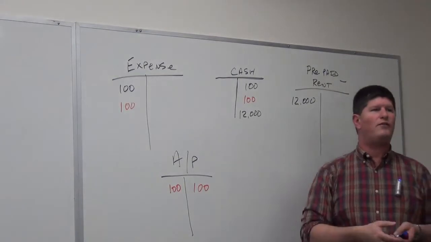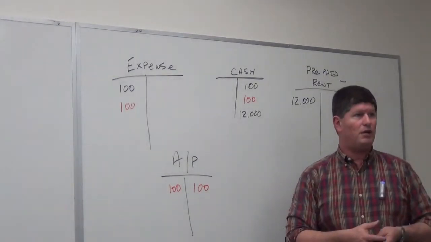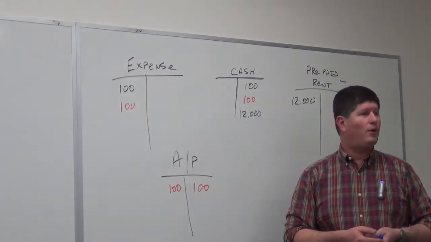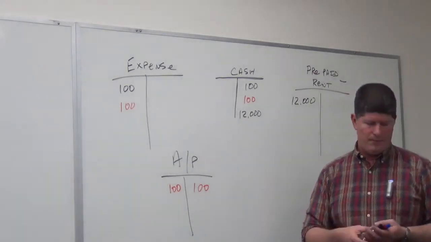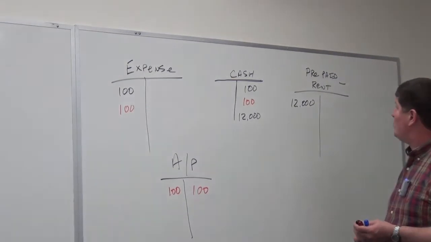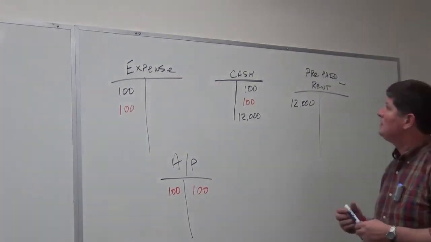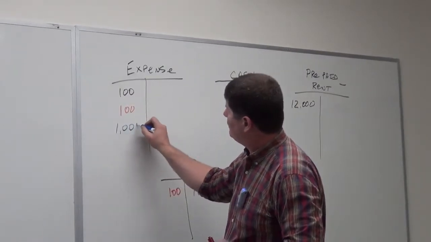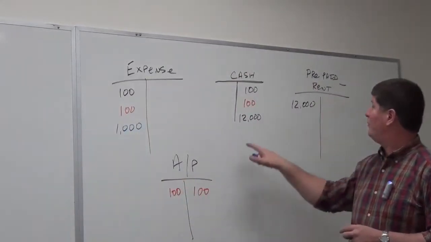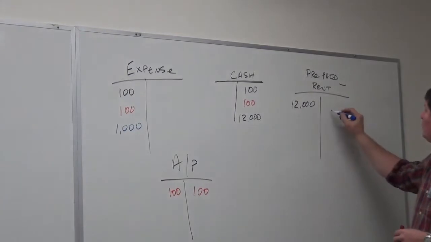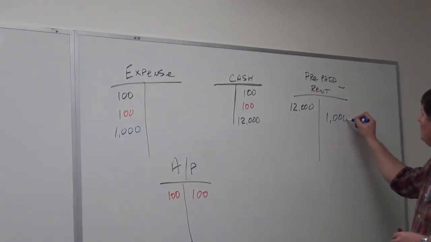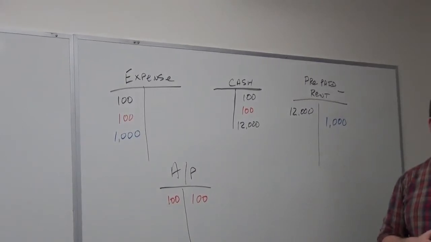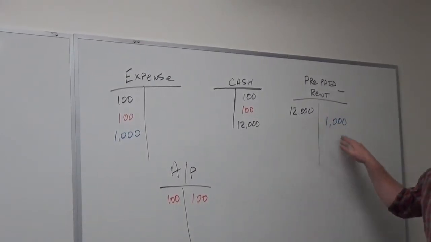January 1, I pay you $12,000. Have I used a year's worth of rent yet? No. Have I used a month's worth of rent yet? No, not until the end of January, right? So at the end of January is when I would record the expense for 1 month. 1/12 of this, and I would reduce the balance in my prepaid by 1/12, or $1,000. So my remaining balance is $11,000.